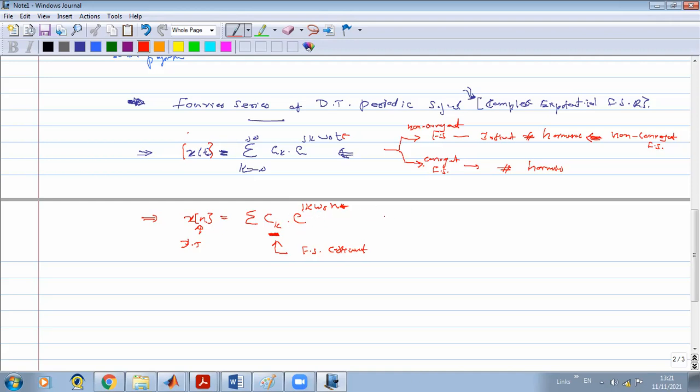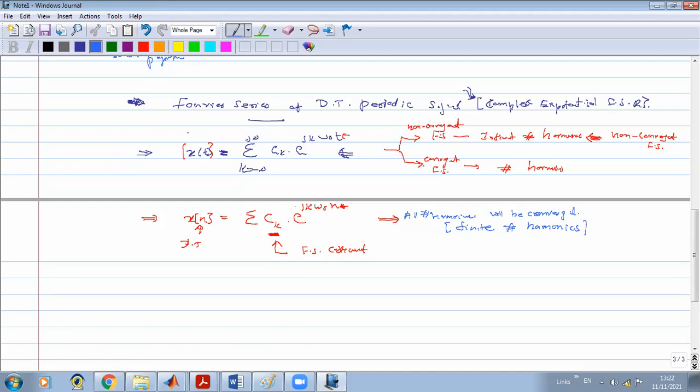But in the case of a discrete time signal, all the series will be converged. We can say that the number of harmonics will be finite, always.